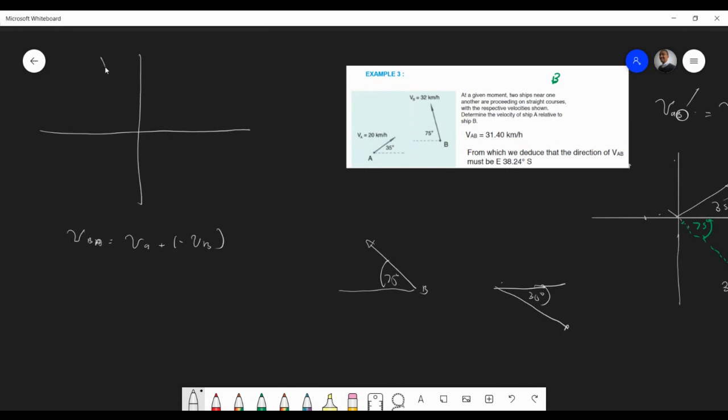B is going this way at 75 degrees, and A was initially going that way, but now we are stopping A. So A is going to be here. A was initially there at 35 degrees. So this will become minus VA. Very important, guys.